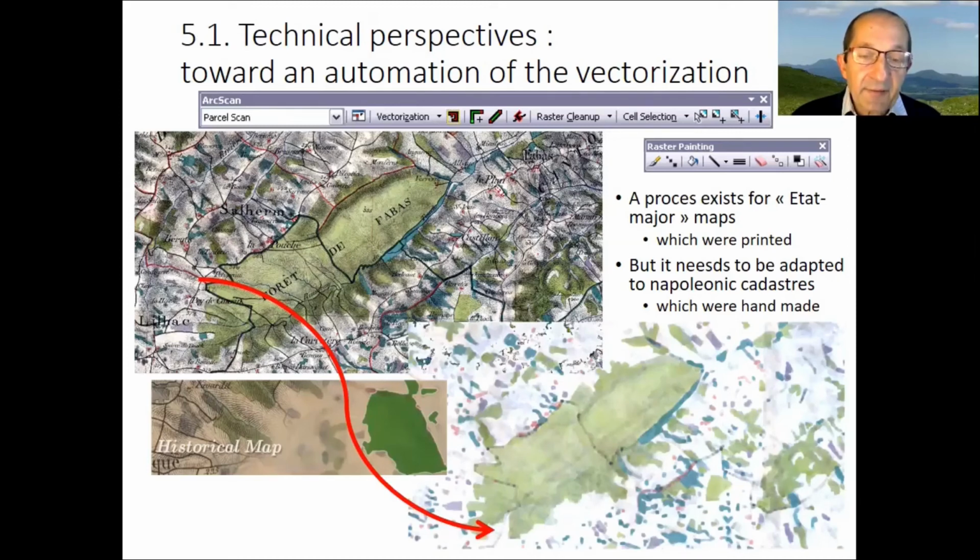The idea is, in fact, to make an image analysis using filters first to eliminate text and landform representation, and after that to vectorize. We have not yet experimented with this, but it is something that we want to do in the near future.